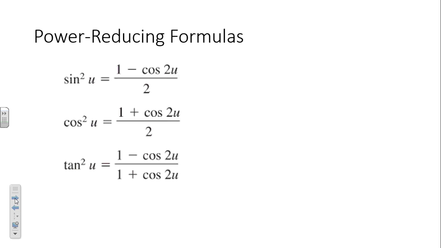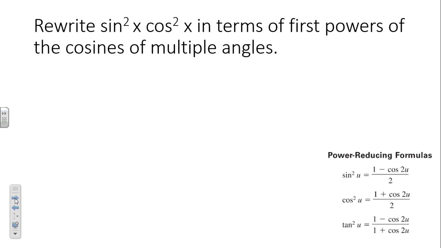So now we're going to rewrite sine squared x, cosine squared x in terms of first powers of the cosines of multiple angles. So it's okay to have a cosine double angle or something like that. We just don't want to have any squared terms anymore. We're reducing our powers.